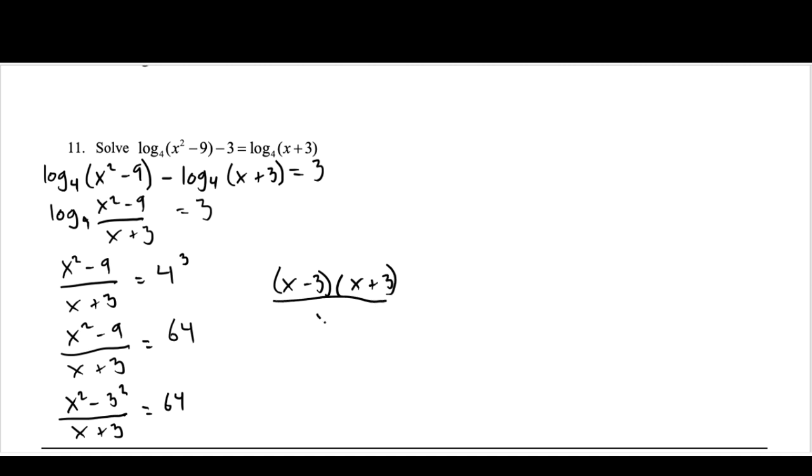And then I've got an x plus 3 in the denominator. And this simplifies down because now I can cancel out this x plus 3 here with this x plus 3 here. And I end up with just x minus 3 equals 64. And then I just add 3 to both sides, and I get x equals 67.